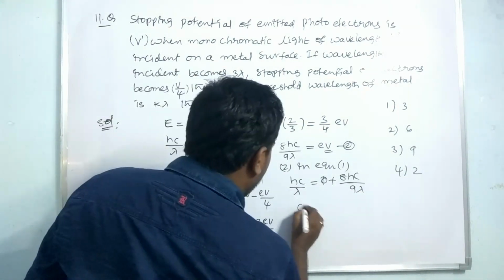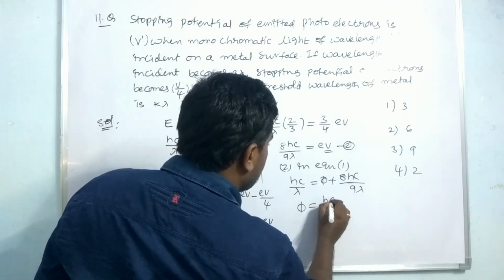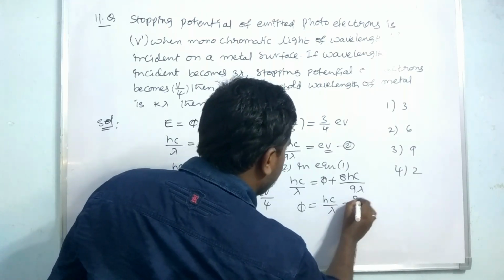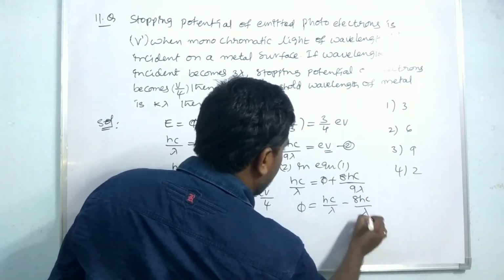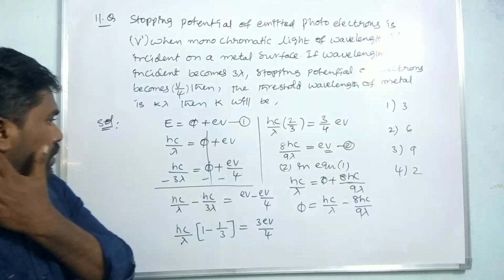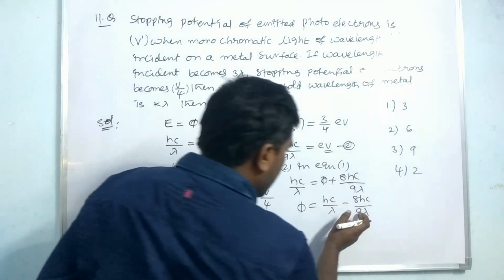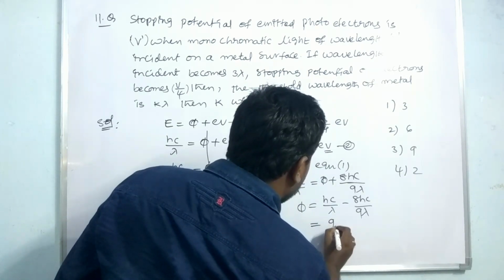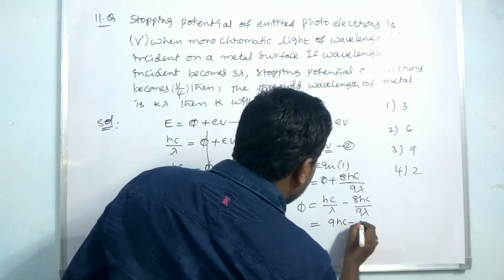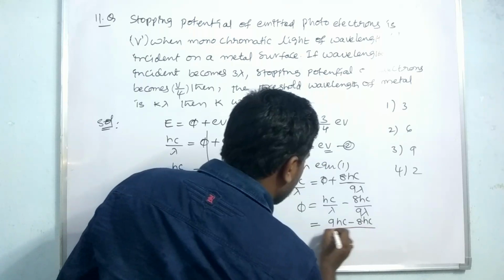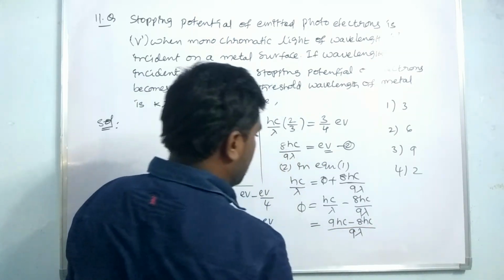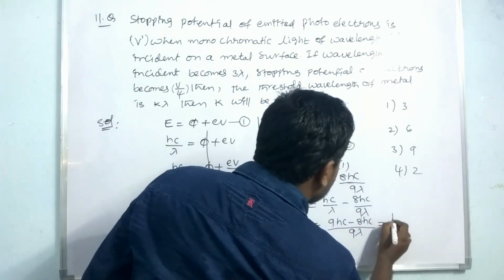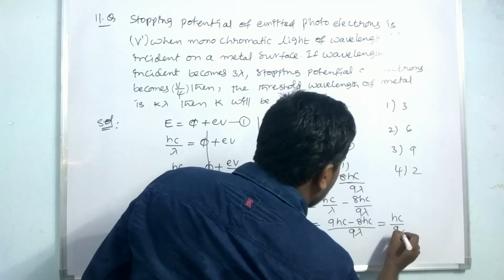So phi is equal to hc by lambda minus 8 hc by 9 lambda. Let us simplify here. 9 lambda is the LCM. Here we write 9 hc minus 8 hc by 9 lambda, which is equal to hc by 9 lambda.